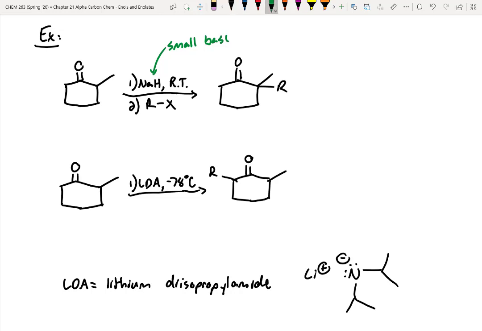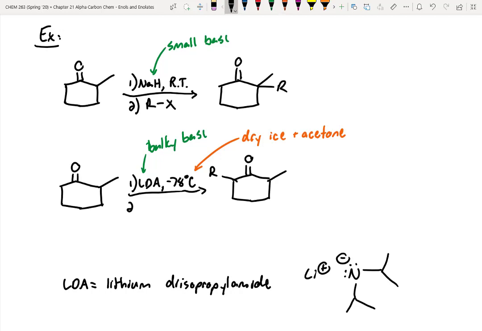So this is a bulky base, and this temperature is basically created by mixing dry ice plus acetone. Some books don't really talk about why they use negative 78. They just throw it at you and say, just use negative 78. It's not that you stick it in a refrigerator set to negative 78. It's just mixing dry ice and acetone.